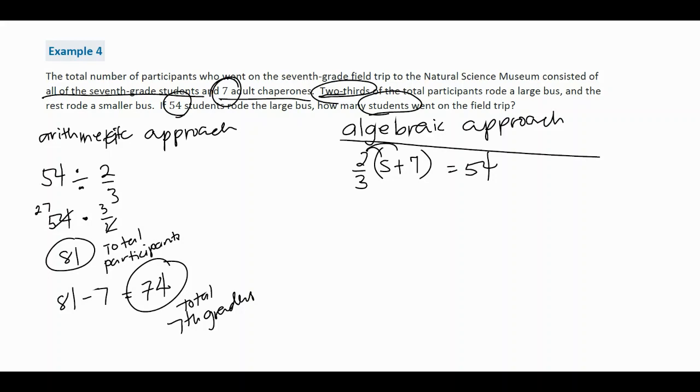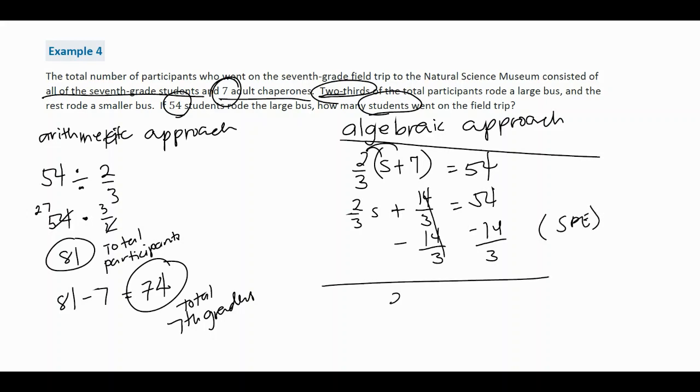So 2/3 times S is 2/3 S, plus 2/3 times 7 is 14 over 3, is equal to 54. Then we subtract 14 over 3 on both sides. So we're going to have 2/3 S is equal to 54 minus 14 over 3.